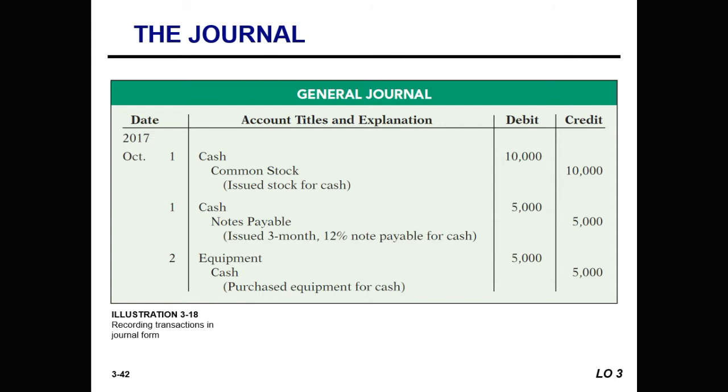Mistakes like these can lead to many hours of research and correction problems in the future. That's why it's very important during your transaction analysis and your journaling that you use the correct and specific account titles that go with the economic effects of the transaction.